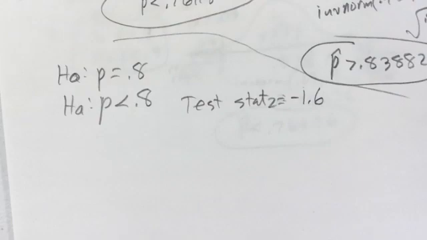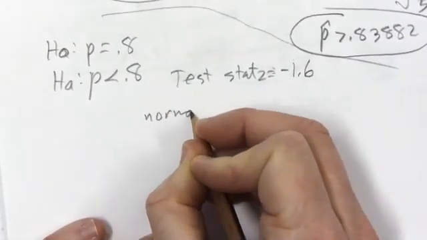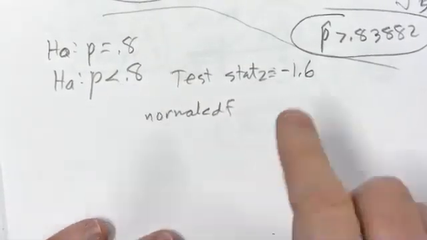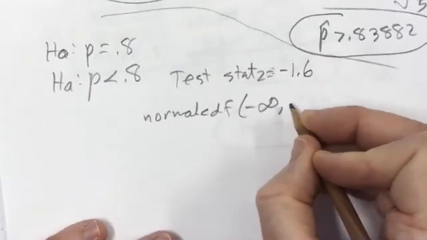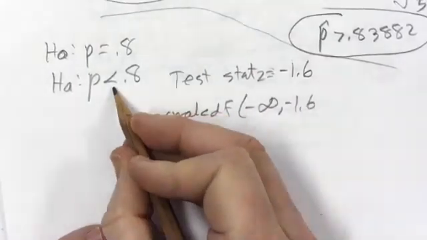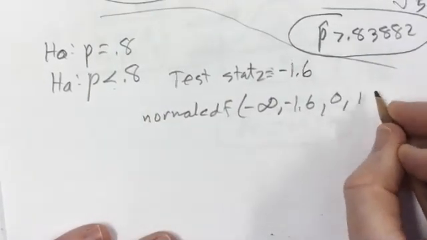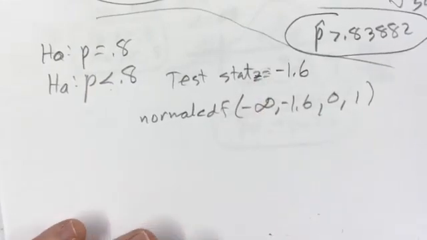Well, that's with normal CDF. And so what you would do is you would say normal CDF, and since this is less than, you're going from negative infinity to negative 1.6. If this was greater than, you'd go negative 1.6 to infinity, and it's mean of 0, standard deviation of 1. So when you're given your z test stat, that's the way you find a p-value.